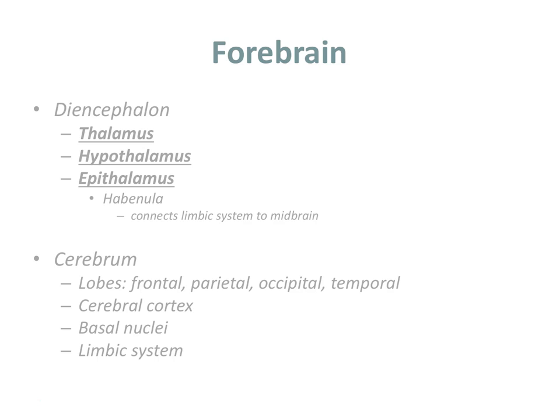We'll talk about what the limbic system does in a little bit when we talk about the functions of the brain. The forebrain also includes the cerebrum, the part that you normally think of when you think of a brain, all of the ridges and grooves. This cerebrum has 4 lobes, includes the cerebral cortex, the basal nuclei, and the limbic system, which is a functional system within the brain.